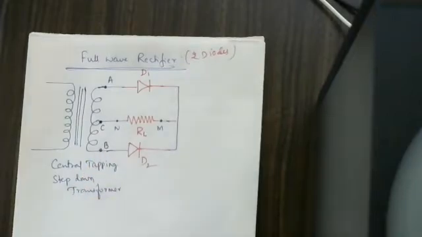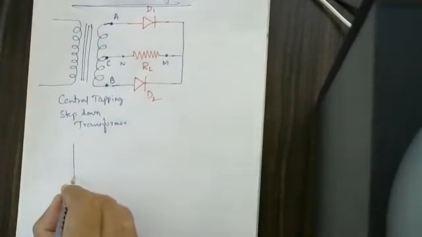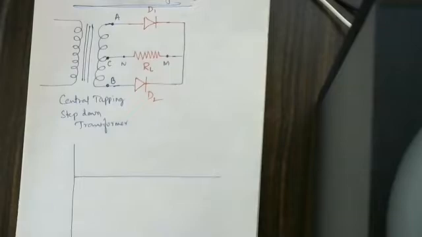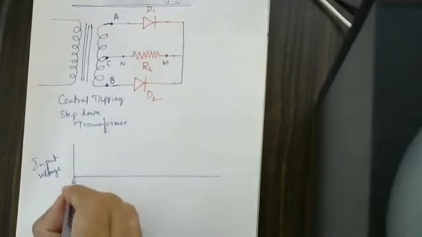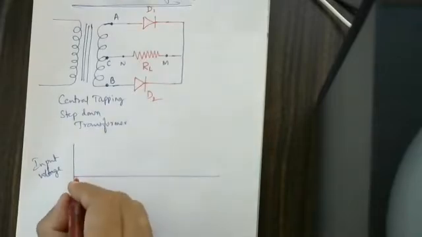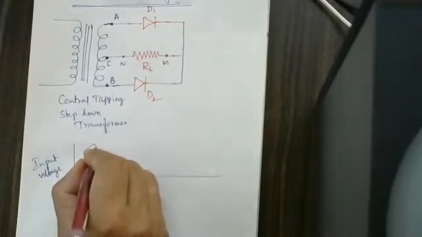Okay, the input and output diagrams, I will show them here. That carries marks. This is an input wave, the input voltage, V input. The input voltage we are going to have like this, AC.